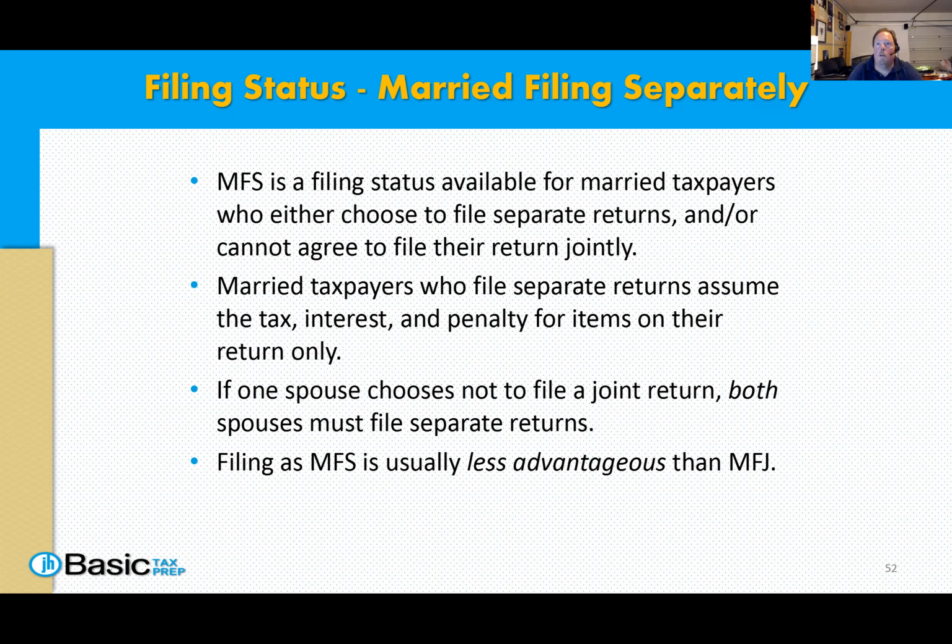We've had rejections where somebody filed jointly and our customer was filing separately, and it got rejected because the other husband or wife filed jointly and it went into the system and the IRS rejected it. So if one is filing separately, both have to file separately.